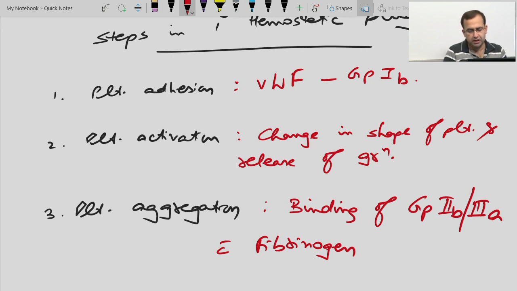So there are 3 steps: platelet adhesion, activation, and aggregation.